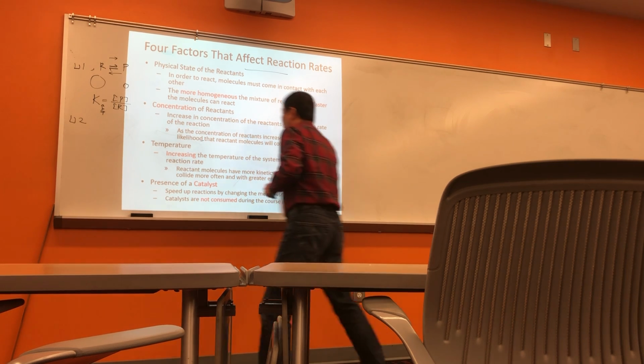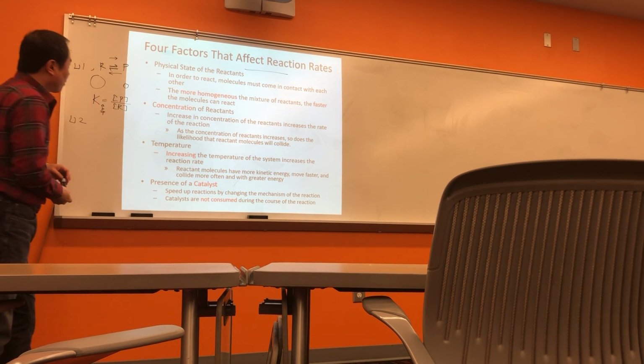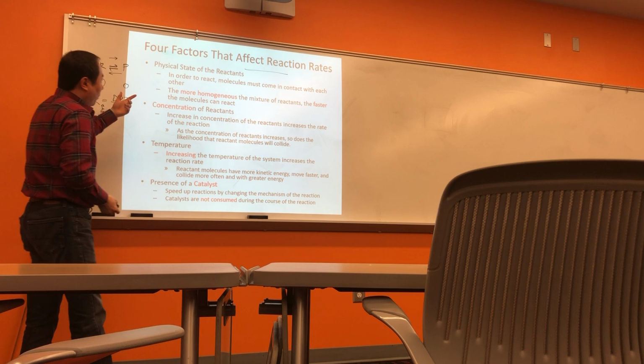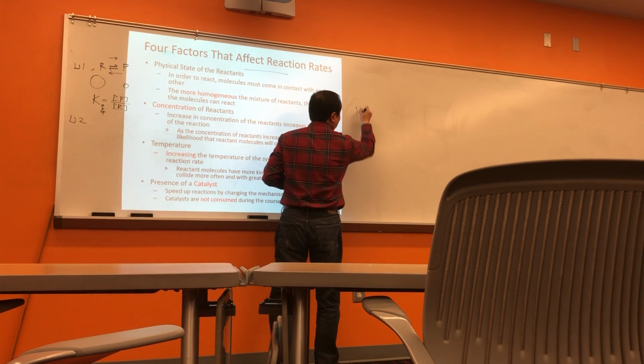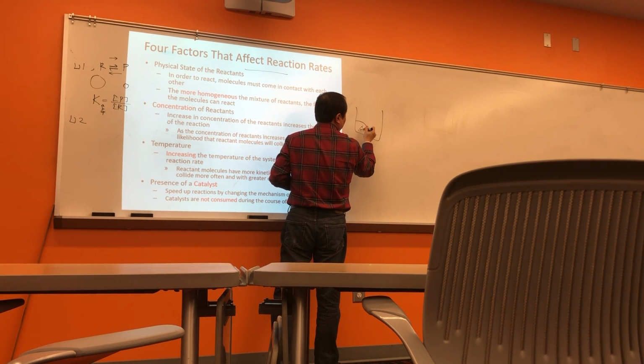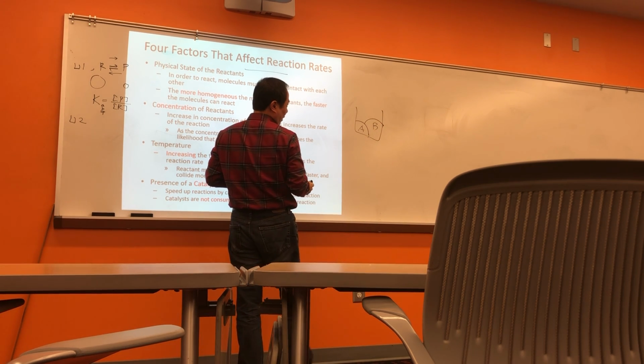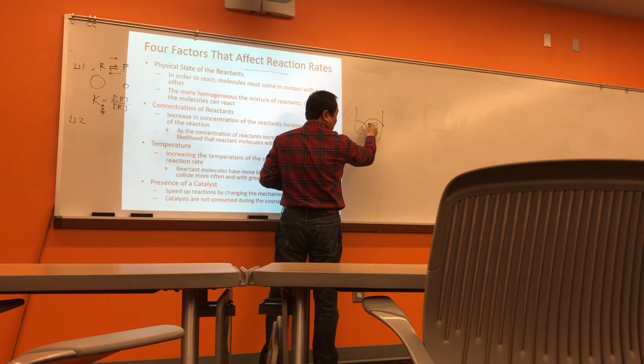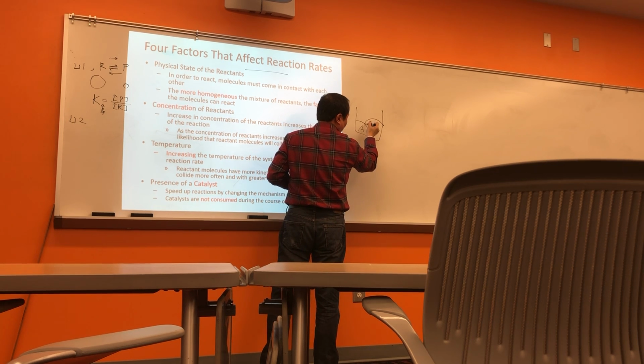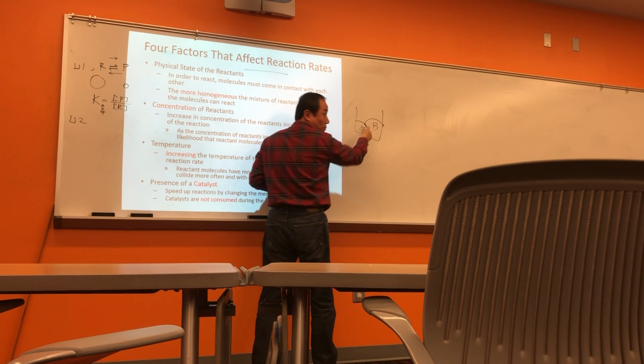There are 4 factors that affect reaction rate. Let's say you react A and B. If they are a heterogeneous mixture like this way, then reaction will happen only in the interface, which means that's where A and B meet, right?